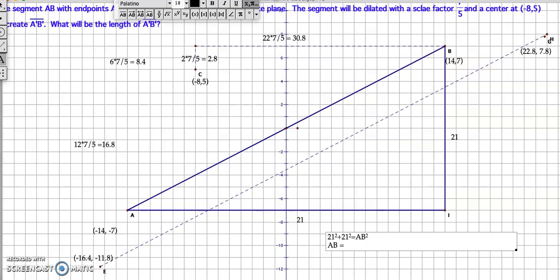I'll be right back. You have noticed that the lengths of the sides are obviously equal, and they're 21 and 21. And when you do Pythag swag for the original segment, you get 29.70 as your answer. So that means then that A prime, B prime is going to be equal to 7/5 times that length, 29.7.